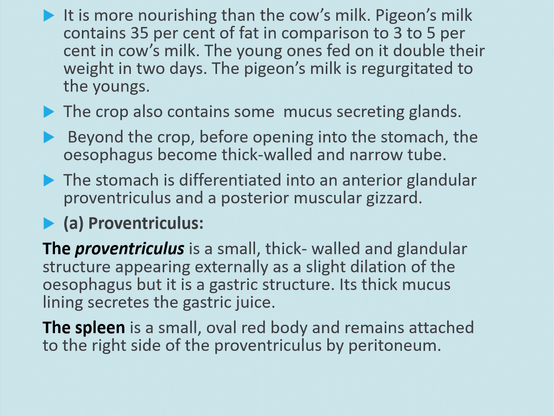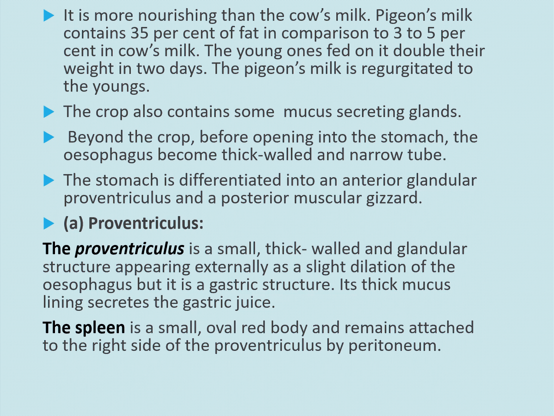Beyond the crop, before opening into the stomach, the esophagus becomes a thick-walled and narrow tube. The stomach is differentiated into an anterior glandular proventriculus and a posterior muscular gizzard.